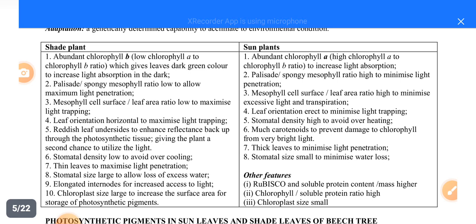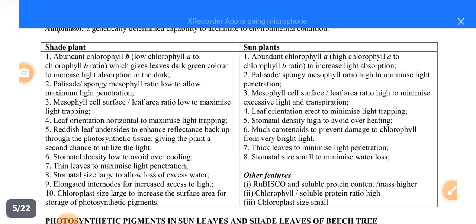So these plants which live in the shade environment have elongated internodes, and the importance of this is to increase access to light. Then number 10, the chloroplast size is large to increase the surface area for storage of photosynthetic pigment. So those are some of the adaptations for photosynthesizing in a shade environment, or shady plants.